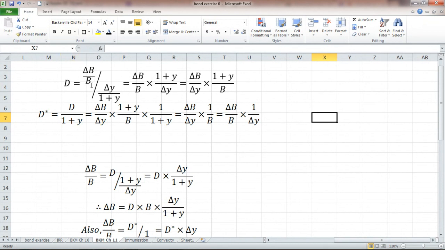So it's the percentage change in price, and then no, actually in elasticity it's going to be percentage change in quantity demanded divided by percentage change in price.